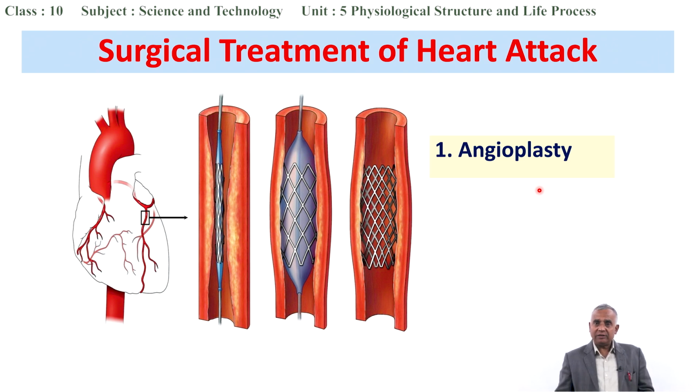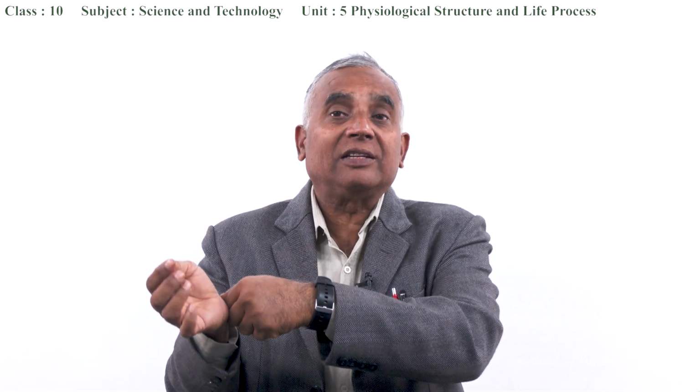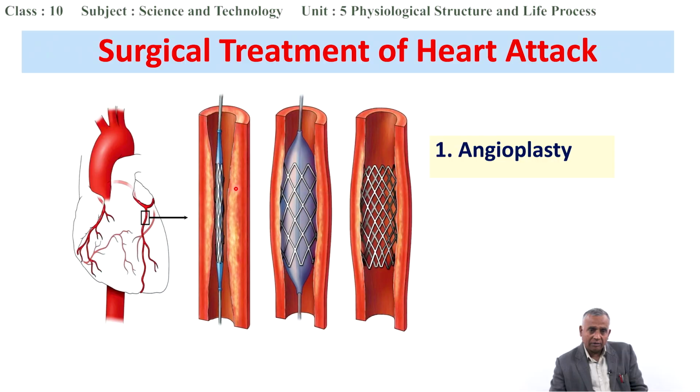In this treatment, after determining the location of the heart attack, a tube is passed through the wrist, through a blood vessel. The tube is called a catheter, a fine tube, and it has a balloon, and nowadays usually a metallic mesh is used with it. Where there is contraction, where there is deposition of LDL, at that place this is passed.